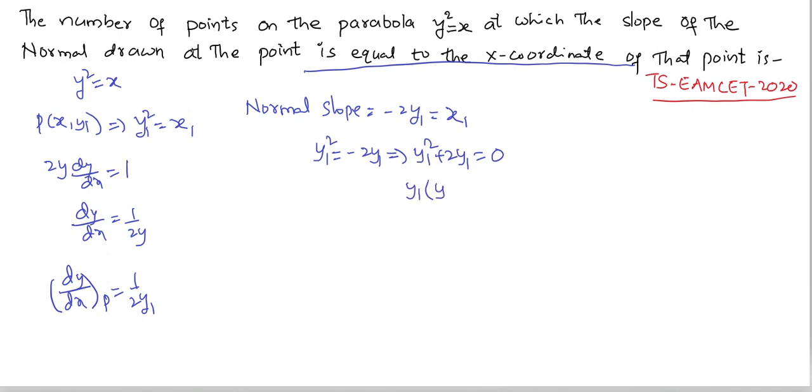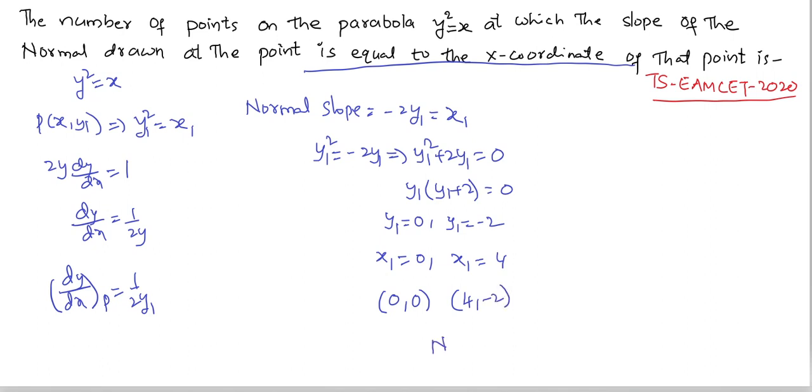Take y1 common, y1 into y1 plus 2 is 0. From this y1 is equal to 0, y1 is equal to minus 2. Substituting, y1 is equal to 0 gives x1 is equal to 0, and y1 is equal to minus 2 gives x1 is equal to 4. So the points are (0, 0) and (4, minus 2). Therefore the number of points that lie on the parabola is 2.